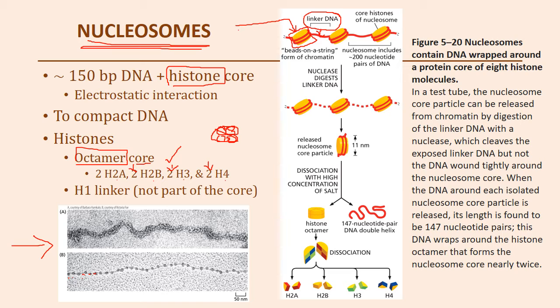Now, the picture that's been inserted right here, figure 5-20, talks about the fact that in a laboratory setting, we can easily uncoil the DNA and its nucleosomes by exposing it to a nuclease enzyme. The nuclease enzyme will start digesting the linker DNA. You can see the pieces start to fall apart.